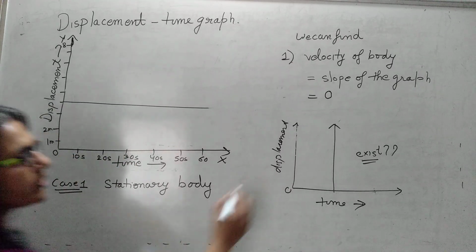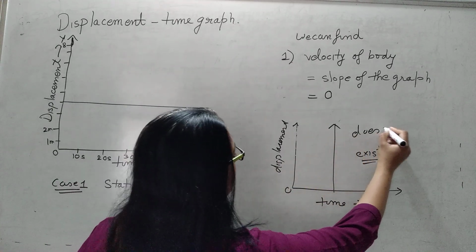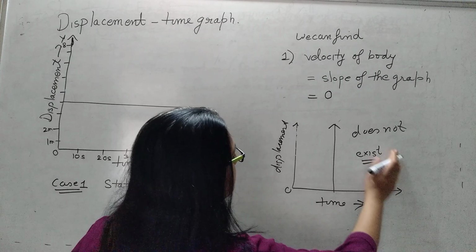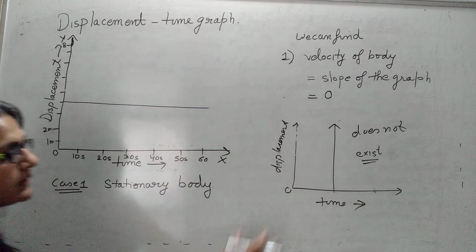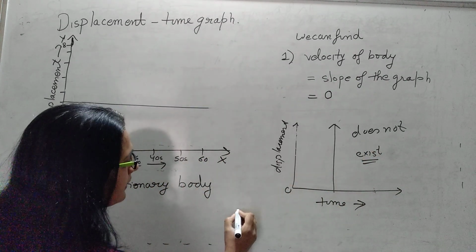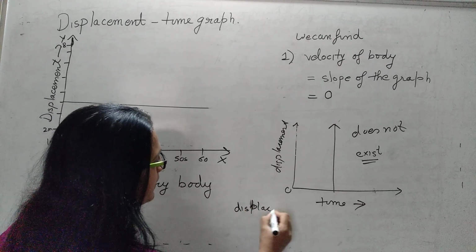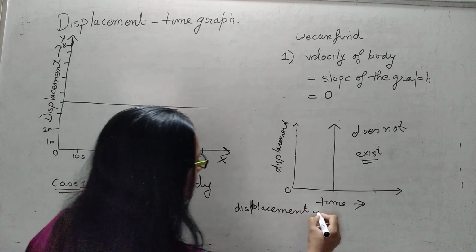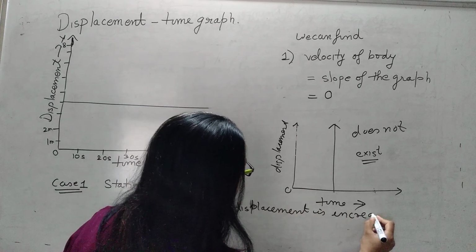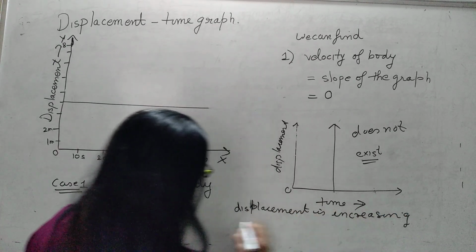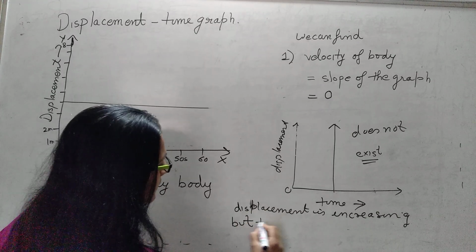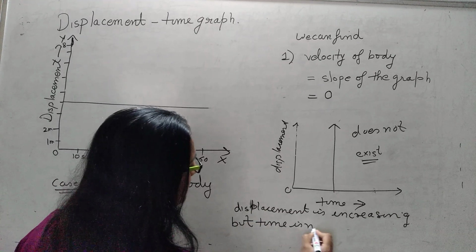This type of graph does not exist. Why is it so? Why does it not exist? इस ग्राफ का मतलब ये है that distance, or you can say displacement, is increasing but time is not increasing.